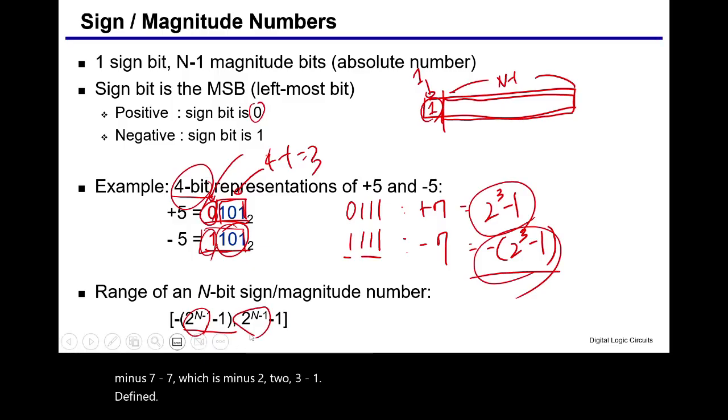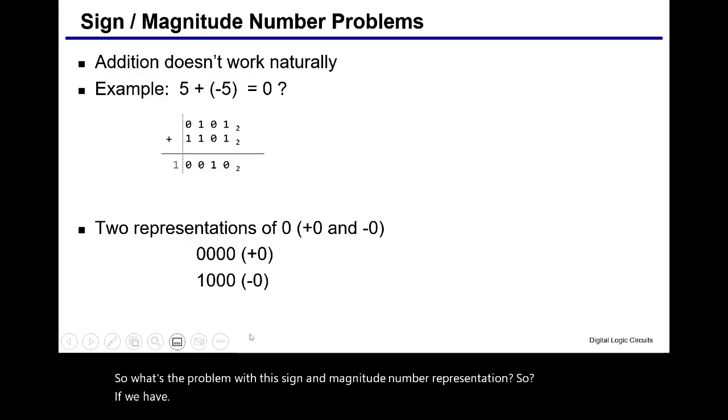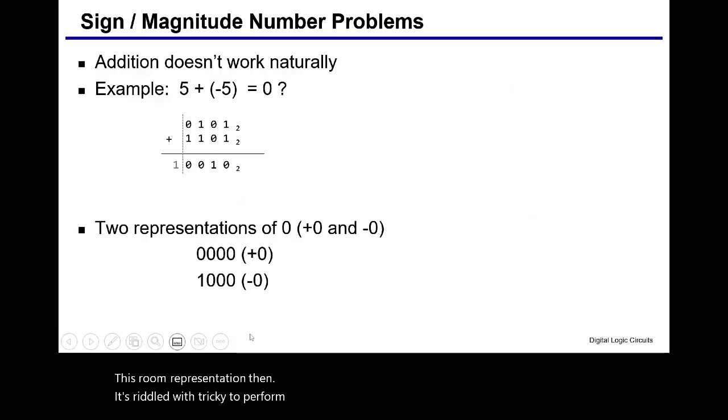Okay, so what's the problem with this sign and magnitude number representation? If we have this number representation, then it's a little bit tricky to perform additions between positive and negative numbers.